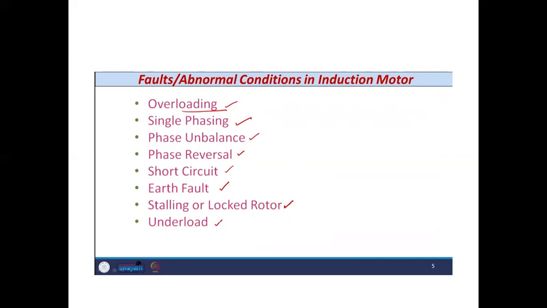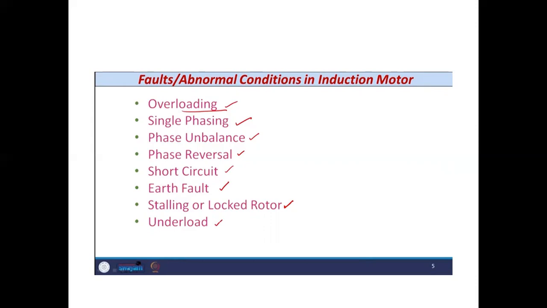The third is known as phase unbalance. Instead of giving red, yellow, blue, we give some other phase sequence, for example red, blue, yellow. This means there is a phase unbalance condition. And phase reversal is also there.